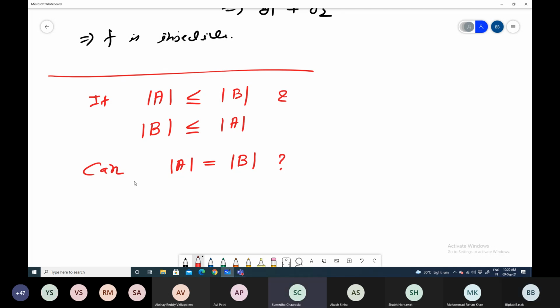Then we can use the lemma, right? If cardinality of A is less than or equal to cardinality of B, that means there exists an injective function from A to B. That means there exists a surjective function from B to A. And the next statement implies that there exists an injective function from B to A. Since the function from B to A is both injective and surjective, that means there exists a bijection.